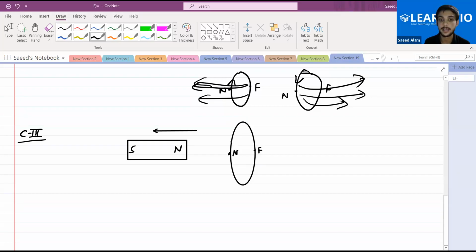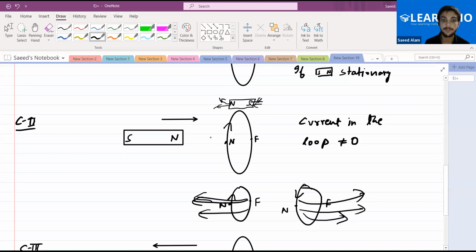Anti-clockwise. See, if you are using the word anti-clockwise or clockwise, that needs a reference point. The reason is, suppose in the previous case a person is standing here. For this particular person, is the current in the clockwise direction or the anti-clockwise direction?